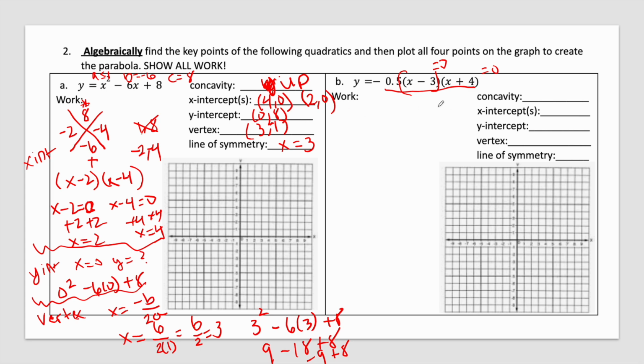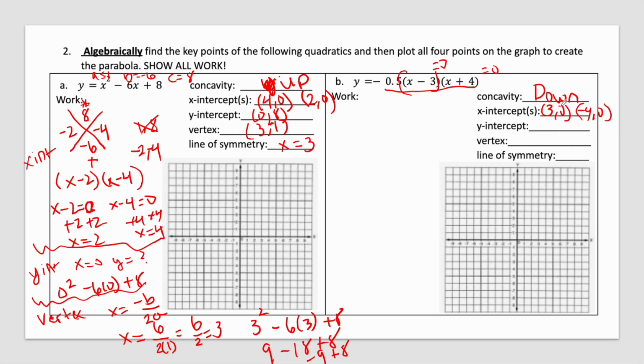Okay, welcome back. Our concavity for this one is down because we have a negative 0.5 in front. Our x-intercepts are (3, 0) and (negative 4, 0). Doesn't matter what order I have them in.